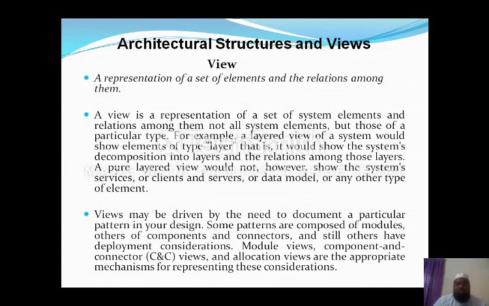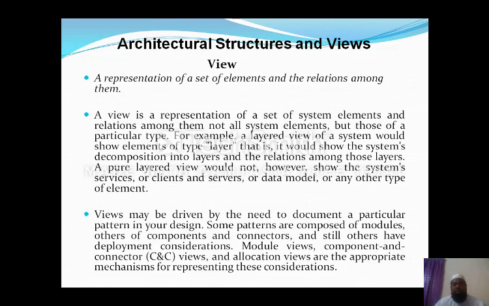It shows the system's decomposition into layers. It means I am dividing the whole system into various layers and giving the relationships among those layers. A pure layer view would not show the system's services, clients, servers, data models, or any other type of element. So a view is nothing but a representation of system elements and the relations among them, not all system elements, but those of a particular type.